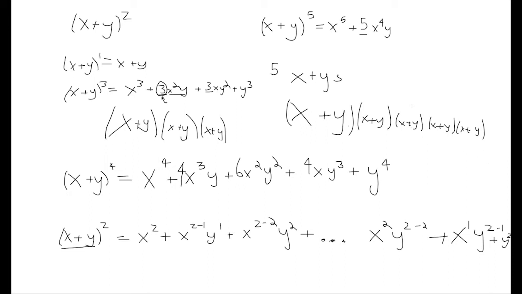So any of the 5 can be y's. So the coefficient is going to be 5, because there are 5 different ways to pick out 4 x's and then 1 y. Because there are 5 different ways to pick out one of these x plus y's to be y.